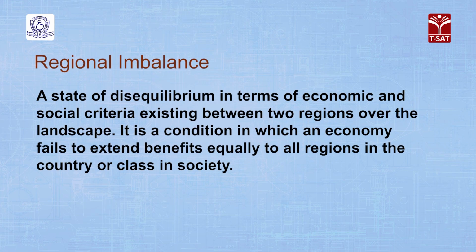It is a condition in which an economy fails to extend benefits equally to all regions in the country or class in society. This uneven economic development is due either to historical processes like colonization or to socio-economic processes. It exists in both capitalist and socialist countries.